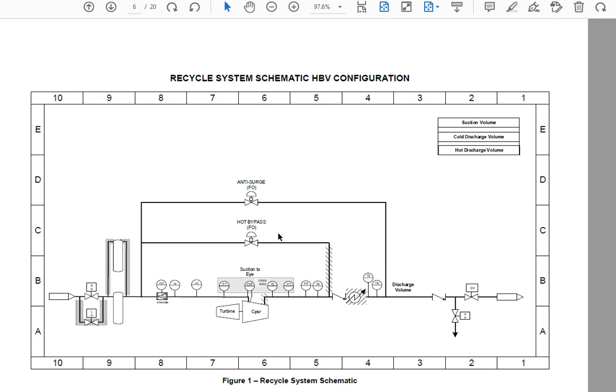Next pieces of the puzzle are characterizing these valves. If you're designing the system from scratch, you don't know what these valves are yet, so you're going to make some assumptions. Hot bypass valve, we would pick a quick opening trim, and you would make a guess at a CV, a flow coefficient, and a choke coefficient. I use the ISA valve flow equations.